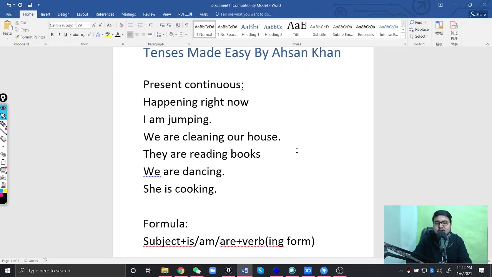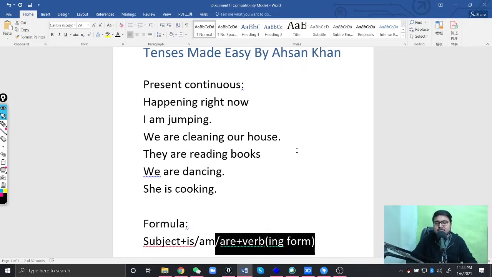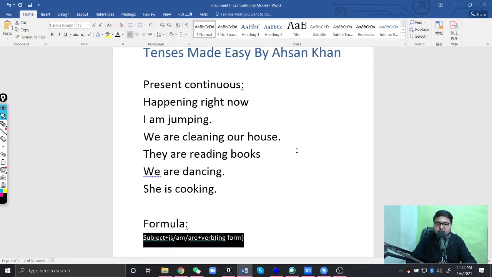Okay, you have to use the ing form of the verb. Subject plus is, am, are plus verb ing form plus object plus etc.